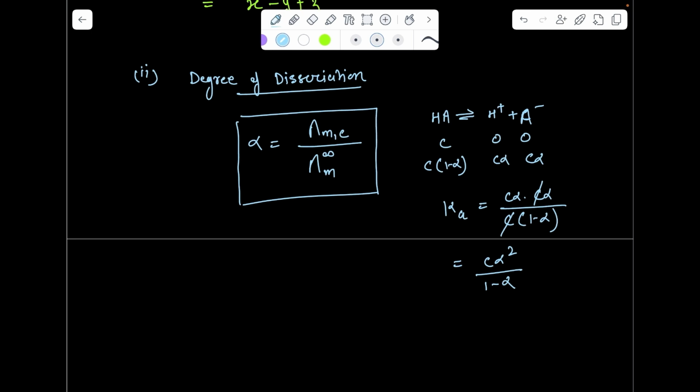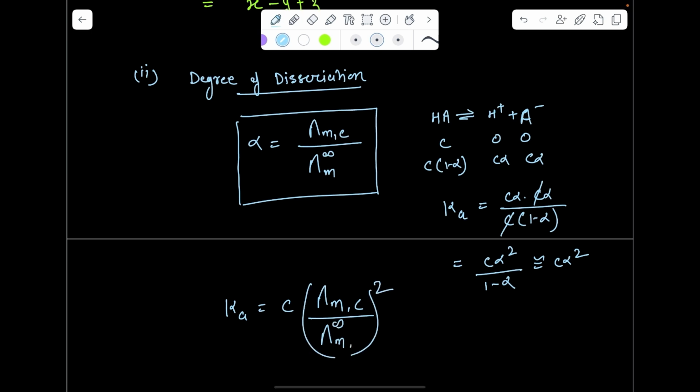If the dissociation constant is very small, the degree of dissociation is very small, then it should be C alpha square, and alpha you can put in here. So the Ka value we can write as C times the square of molar conductivity at C concentration by molar conductivity at infinite dilution. That also we can apply.